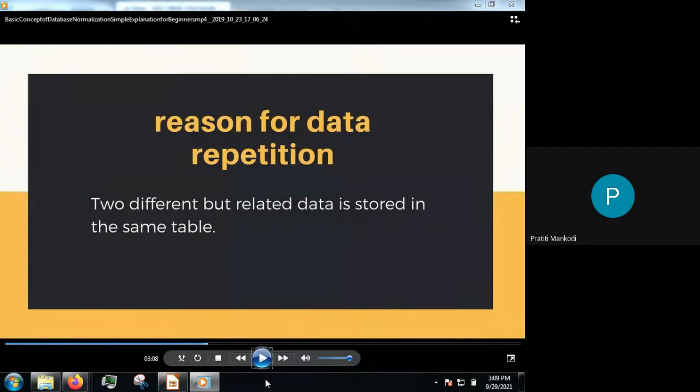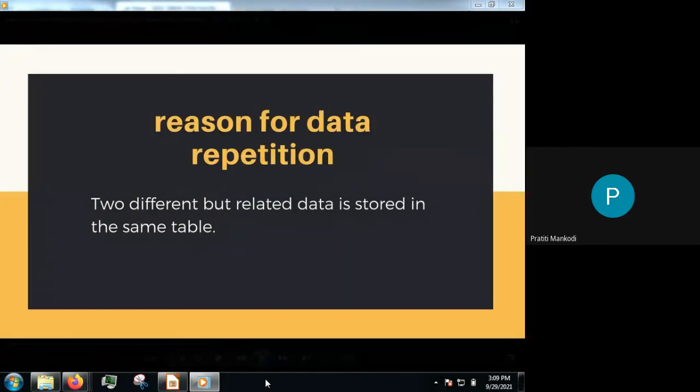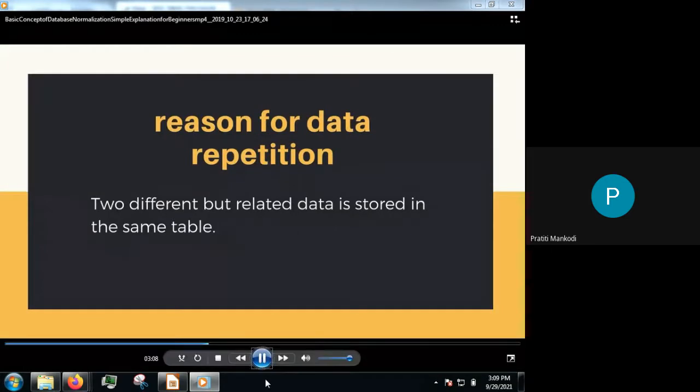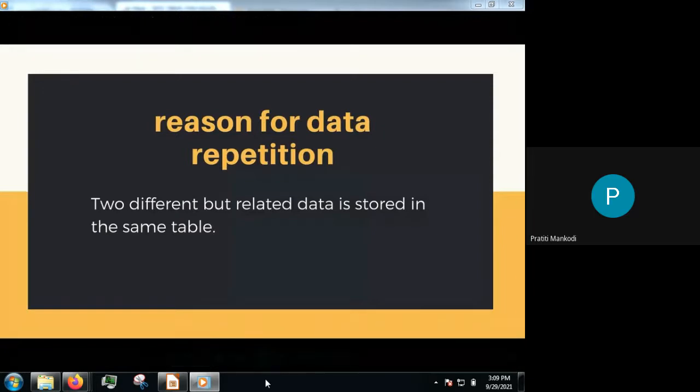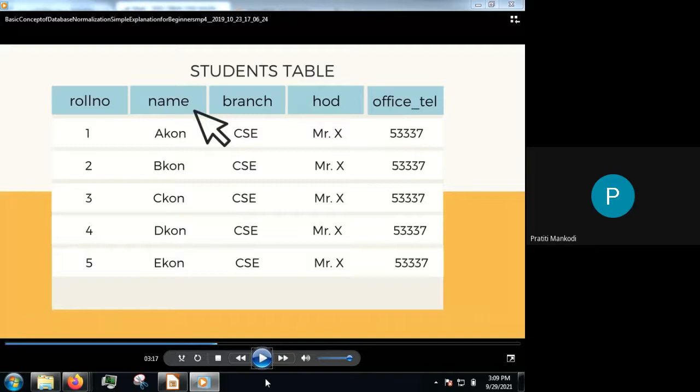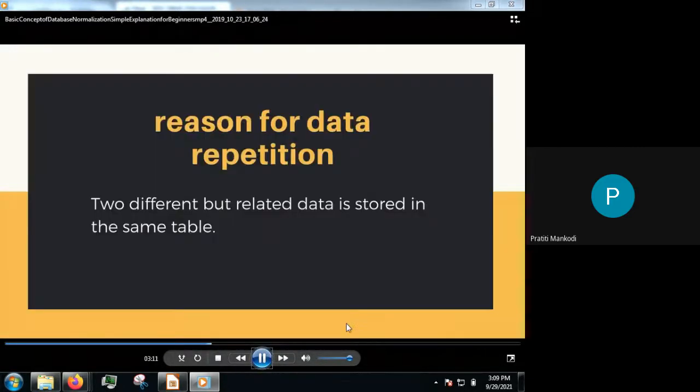Yes, you are inserting the same data again and again. That's the insertion problem. Can you justify this statement? Why has the insertion anomaly occurred?